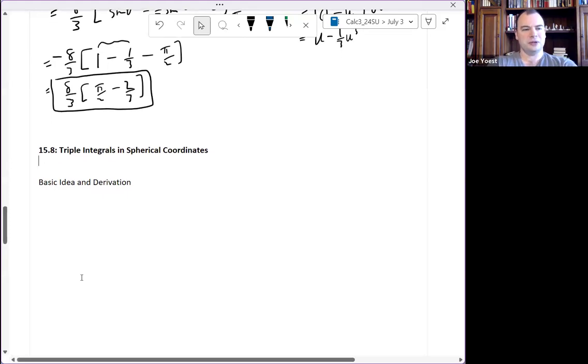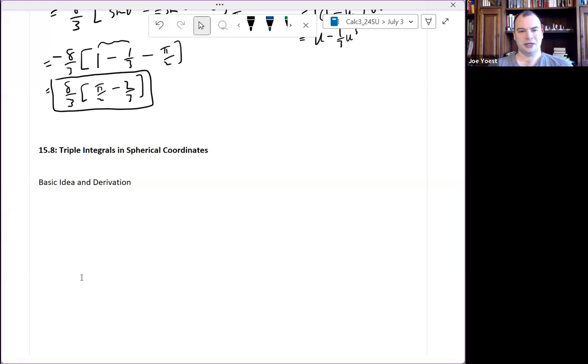So moving on to spherical coordinates, this is going to be related in a way to polar coordinates and cylindrical coordinates, but it's not going to be as closely tied, at least at first glance, to those coordinate systems.